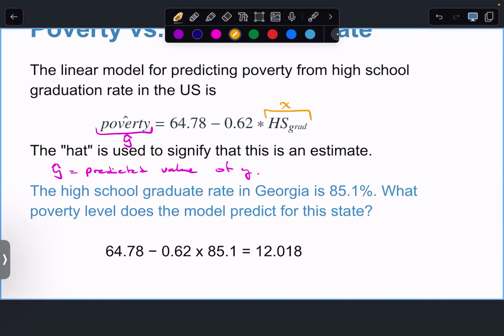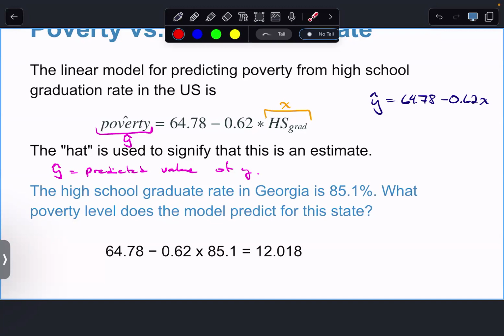You don't have to. You could say y hat is 64.78 minus 0.62x. That's the same, right? But sometimes I find it's helpful to insert those little variable shorthand names.